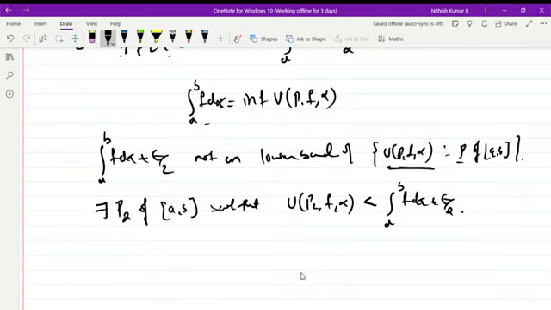Now here we got two partitions, P1 and P2. Using them, I construct a new partition P1 union P2 and name it P, which is the common refinement of P1 and P2.